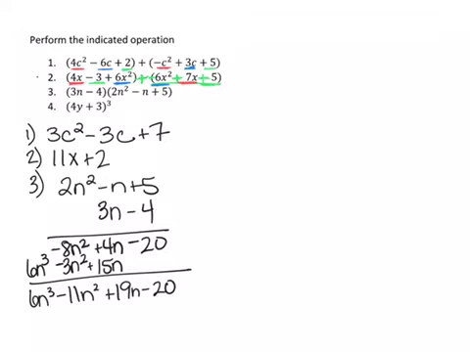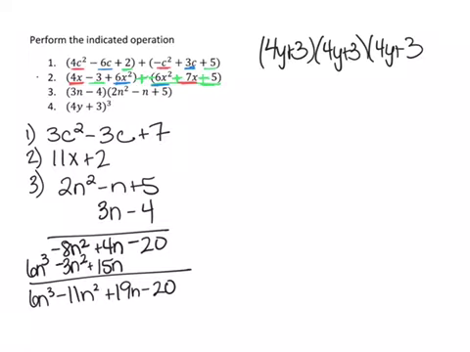And the last one, 4y plus 3 cubed. That means 4y plus 3 times 4y plus 3 times 4y plus 3. And you got to multiply that all out. You can use Pascal's triangle if you like. I'm going to multiply this one the long way, and then we'll have a Pascal's triangle later on. So 4y plus 3 times 4y plus 3.